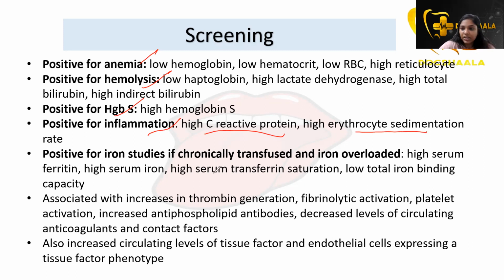So we have to check this in the newborn infant. Also positive for iron studies if chronically transfused, and which is associated with increase in thrombin generation, fibrinolytic activation or platelet activation, increased antiphospholipid antibodies, decreased level of circulating anticoagulants and cofactors. So all this you should screen in the newborn. Okay.